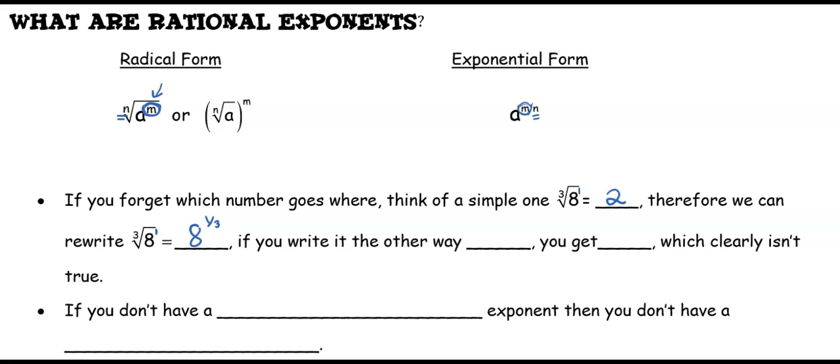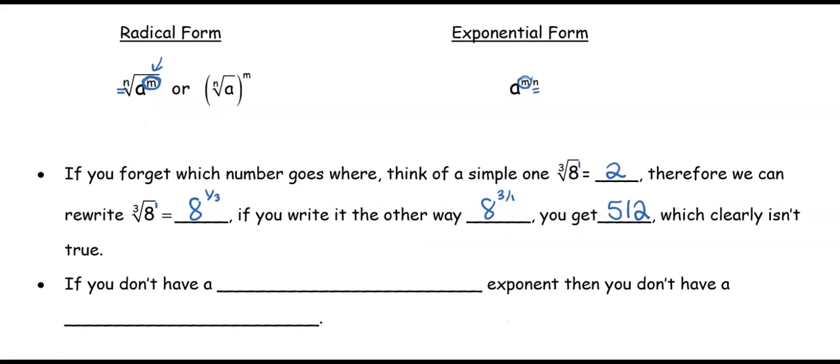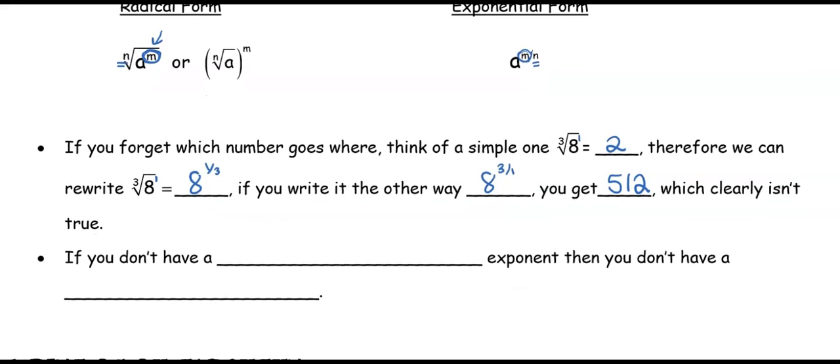If you had accidentally switched that numerator and denominator and written 8 to the 3 over 1, you would have realized, well, 8 to the third power is a really large number. That's 512, which clearly isn't going to be true, because if I'm taking the root of a number, it's going to be getting smaller.